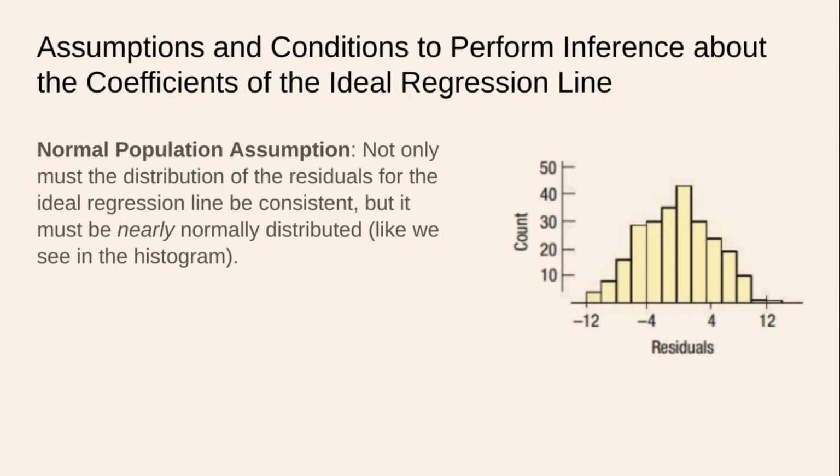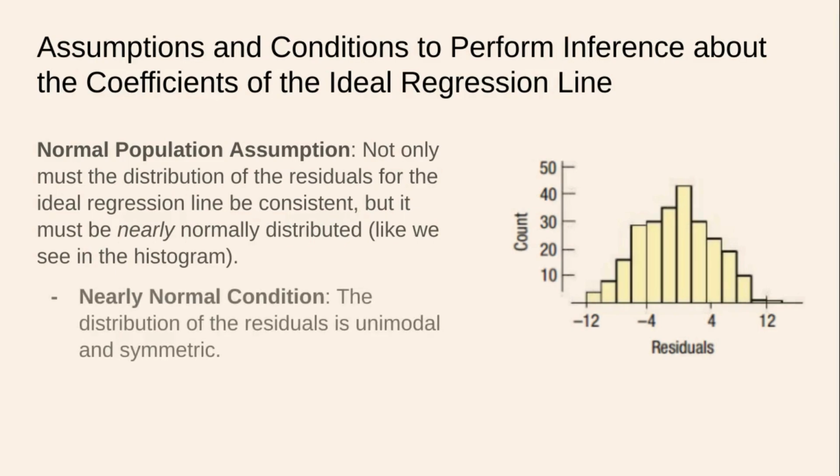So not only must the distribution of the residuals for the ideal regression line be consistent, as we talked about on the last slide, but it must be nearly normally distributed, like we see in our histogram to the right. That is unimodal and symmetric. So we check with the nearly normal condition. The distribution of residuals is unimodal and symmetric.